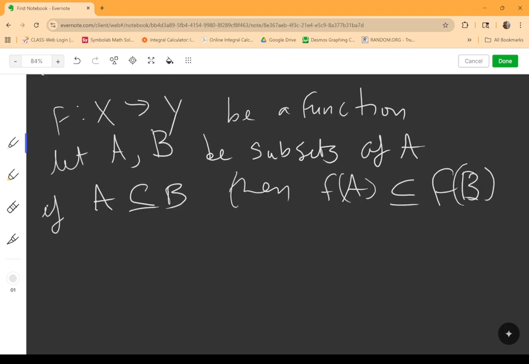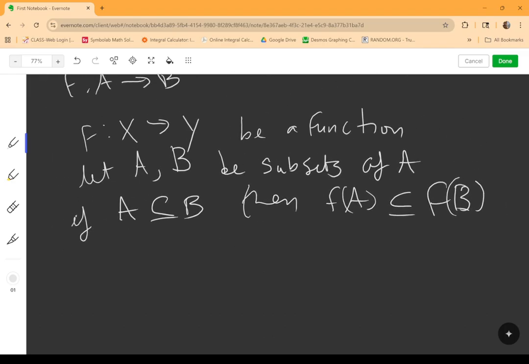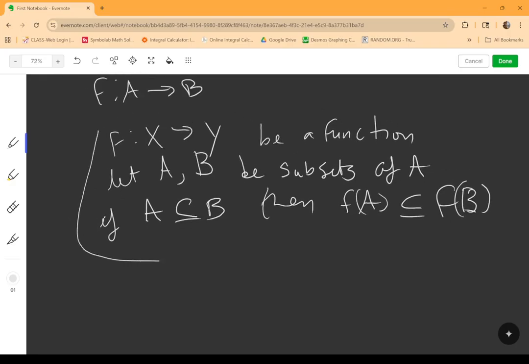All right, so let's do an example where we apply this property of functions.